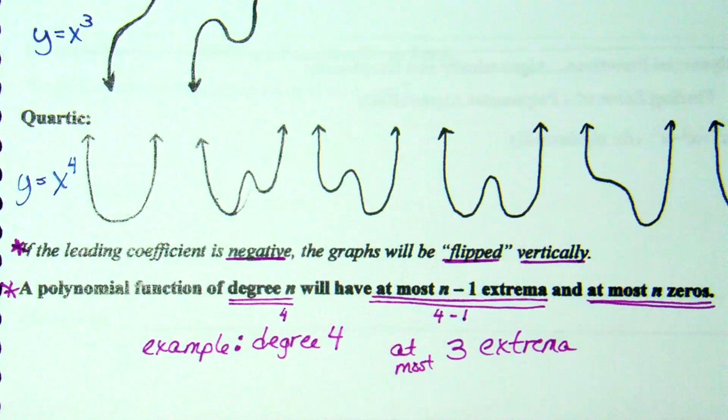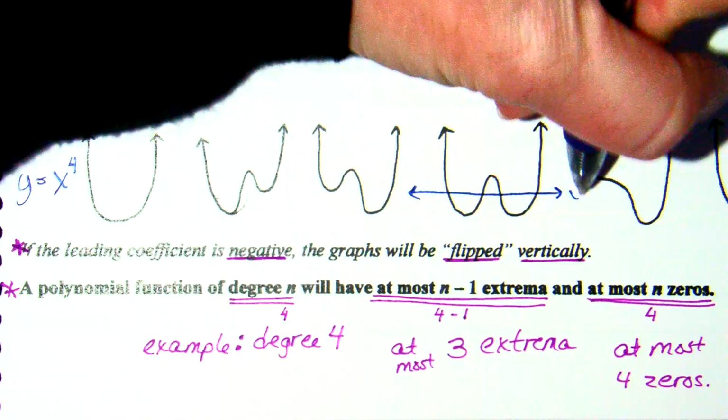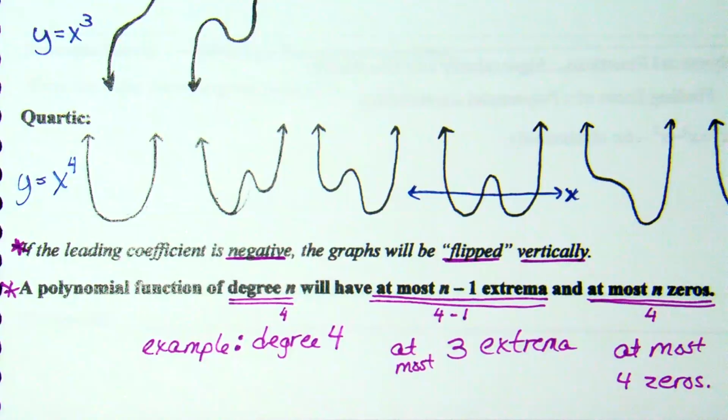Now, it said at most 3 extrema. What are extrema? Mins and maxes. Do we have 3 mins and maxes here? Yeah, this is an example of the most you could have because we have a min, a max, and a min. So there's an example where there are 3 extrema.